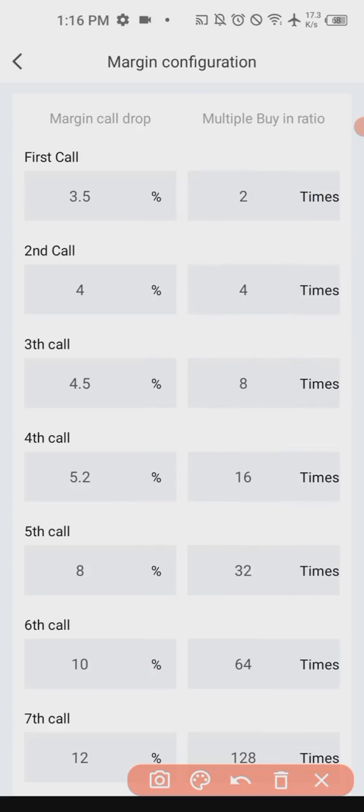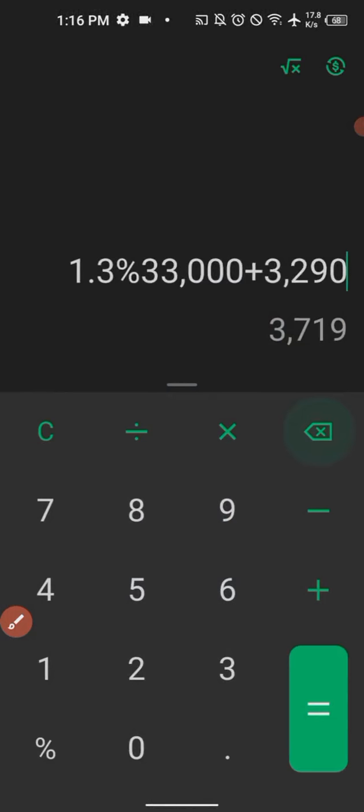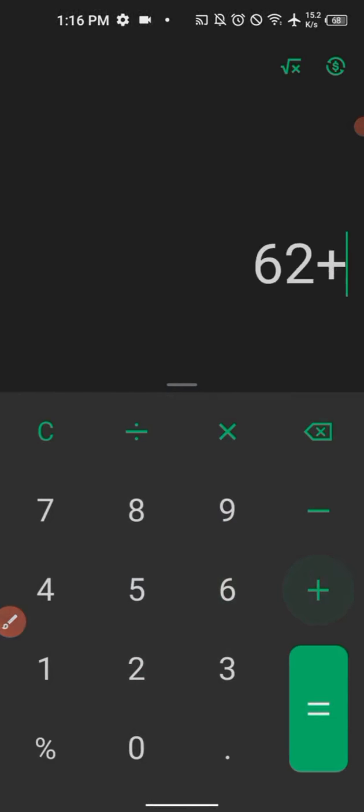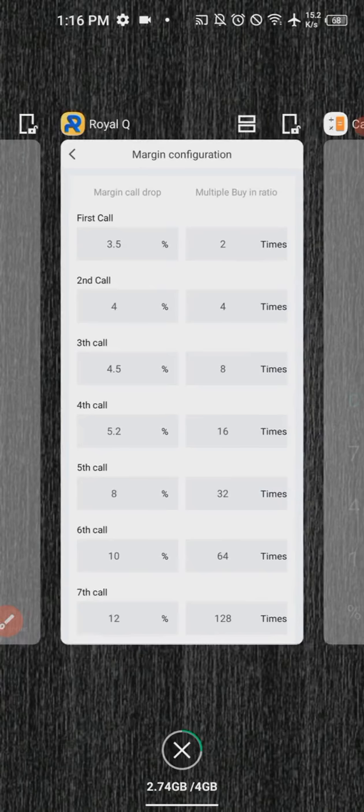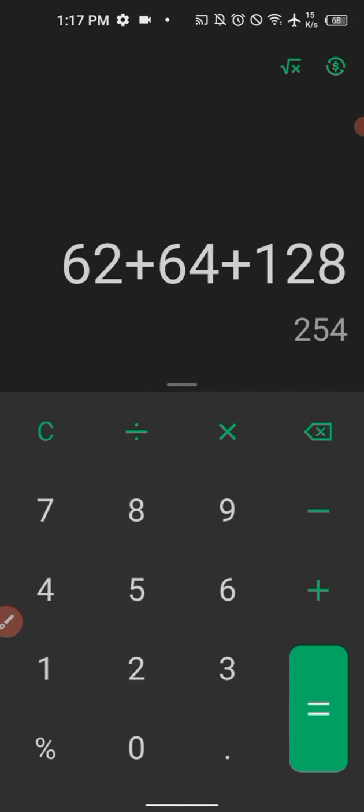But the problem with using this strategy in real trading is that it requires a whole lot of money. If you want to use the martingale strategy, 2 plus 4 is 6. 6 plus 8 is 14. 14 plus 16 is 30. 30 plus 32 is 62. 62 plus 64 is 126. 126 plus 128 is 254.